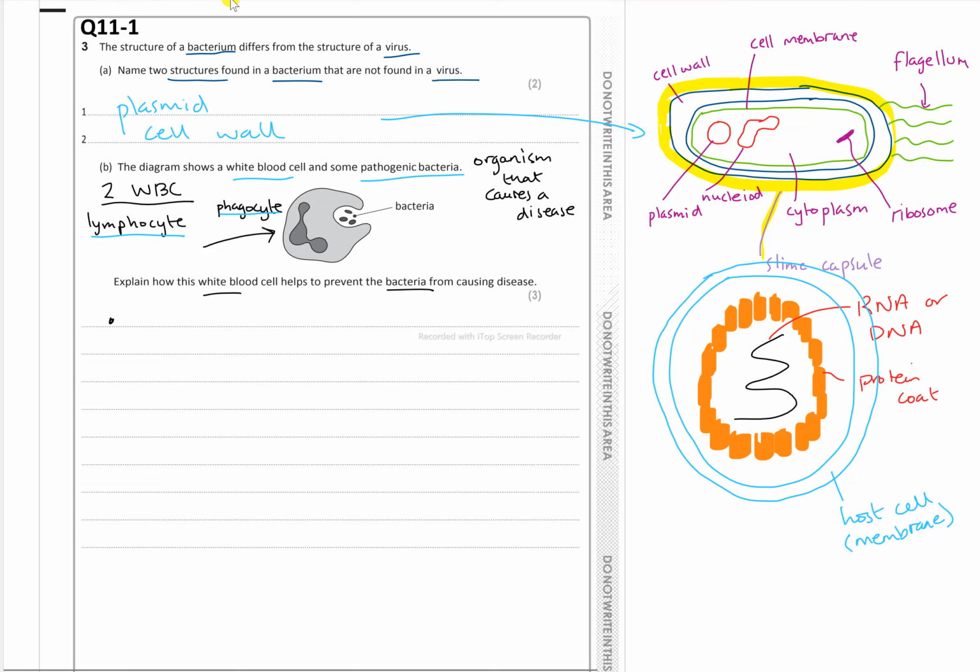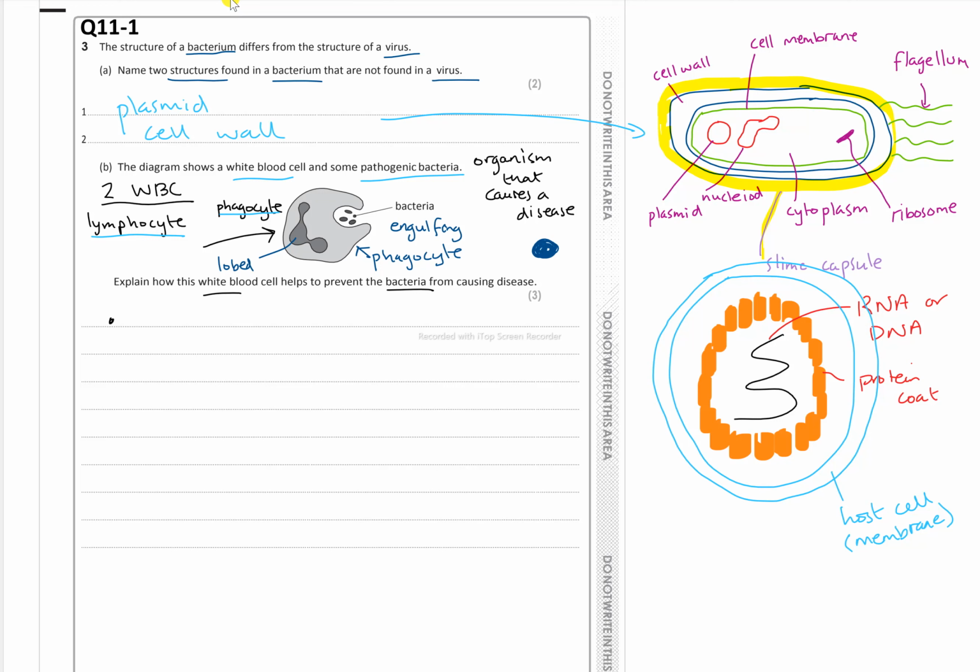Right, so we need to write about this here is a phagocyte. Have you noticed the nucleus is a lobed nucleus? Normally nuclei are circular generally, but this has got a lobed one, and it's in the process of engulfing the bacteria and killing it.